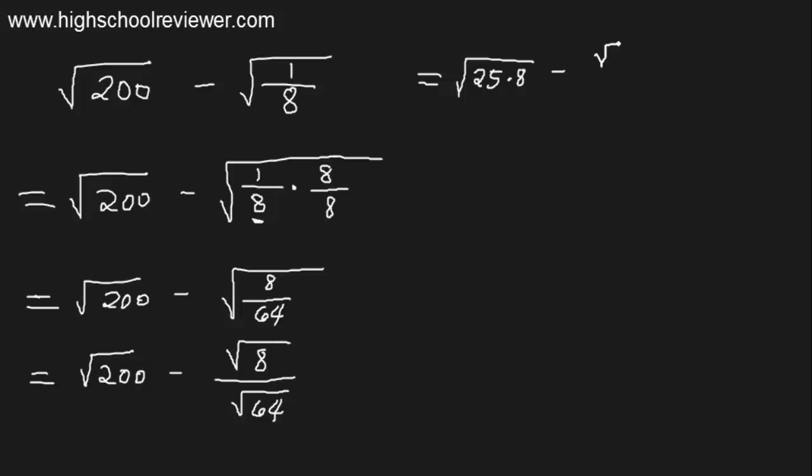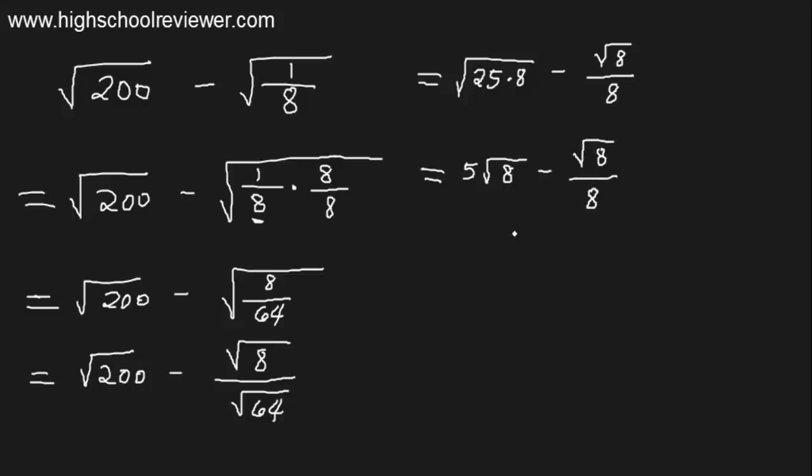We cannot simplify that, so this will be square root of 8 all over square root of 64, that is positive 8. And then square root of 25, that is 5. So what will be left will be the square root of 8 minus the square root of 8 all over 8.